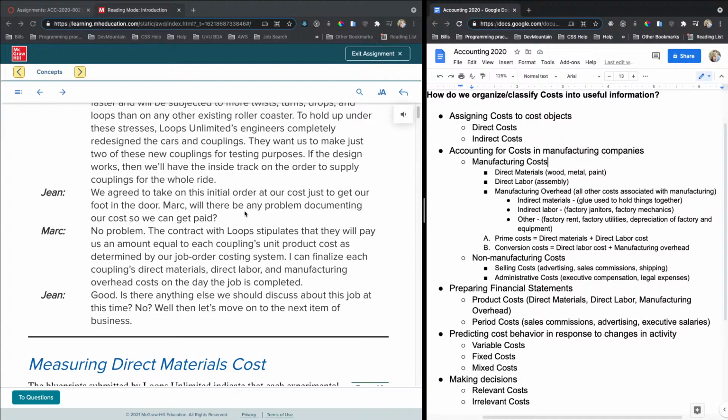I can finalize each coupling's direct materials, direct labor, and manufacturing overhead costs on the day the job is completed. Good. Is there anything else we should discuss about this job at this time? No? Well, let's move on to the next item of business.